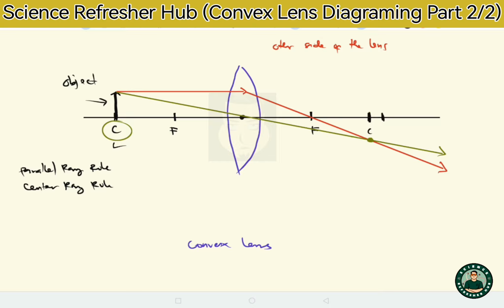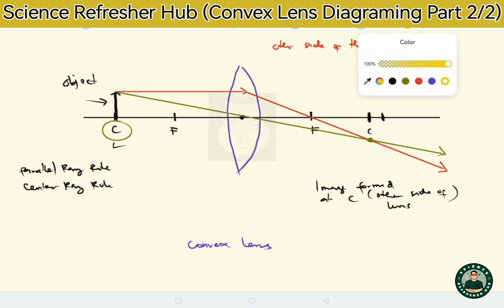Again, when the object is at C, the image is formed at C, on the other side of the lens. And draw the image here.